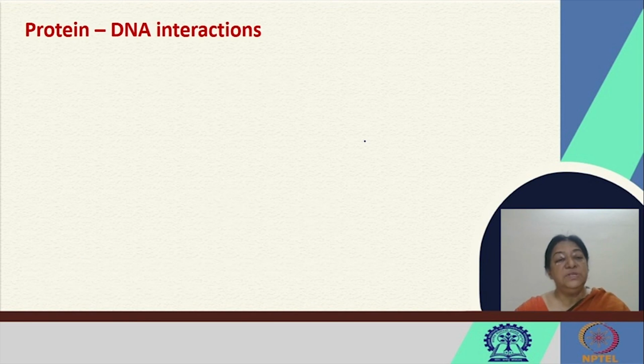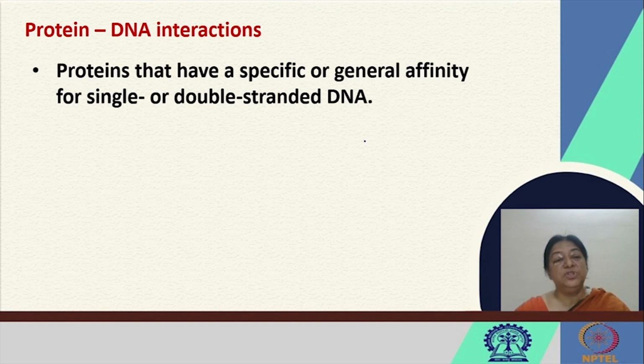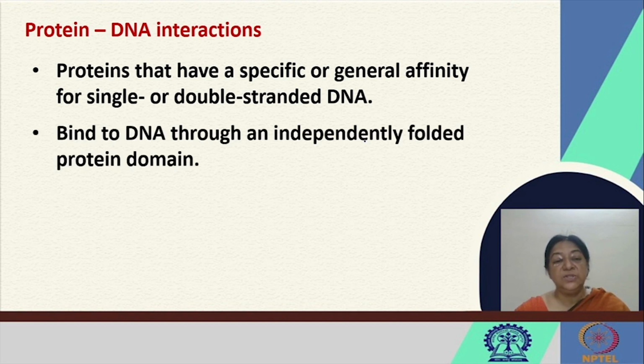So in the protein DNA interactions, what we did look at is the specific or general affinity for a single or double stranded DNA. This occurs through specific independently folded protein domains, which we call the DBDs, the DNA binding domains. And we found that these can be of different geometric representations in terms of the helix turn helix or a helix loop helix, a zinc finger binding domain, or a leucine zipper type domain.